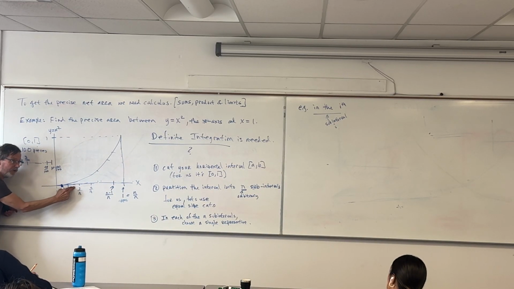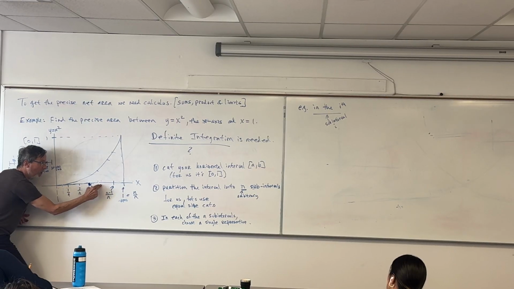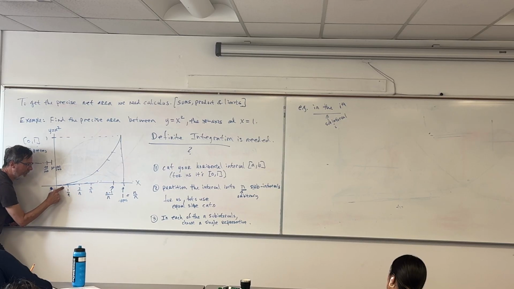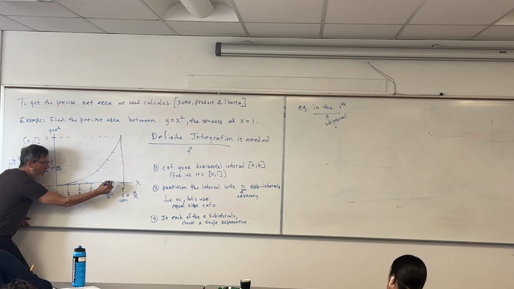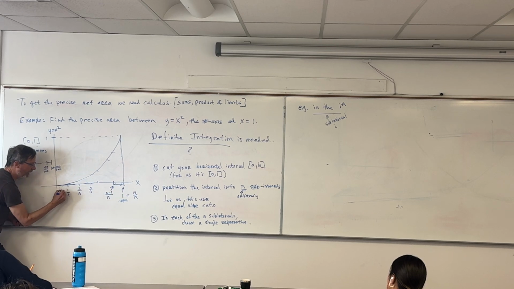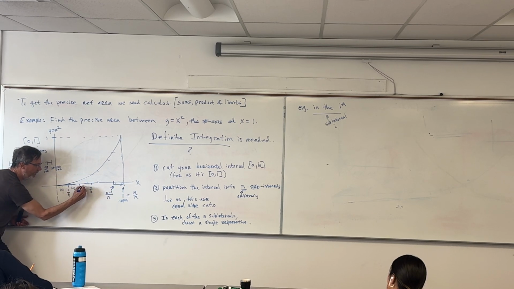This is subinterval 2, 3, 4. What subinterval is this guy? This last one. If this is the first, the second, the third, which one is this? Here's I equals 1, I equals 2, I equals 3. What does I equal in there?